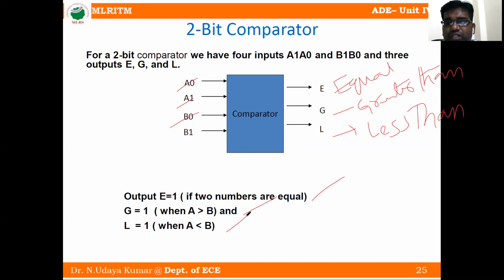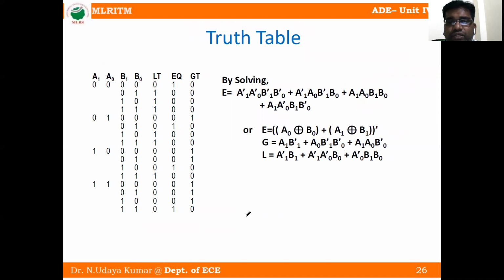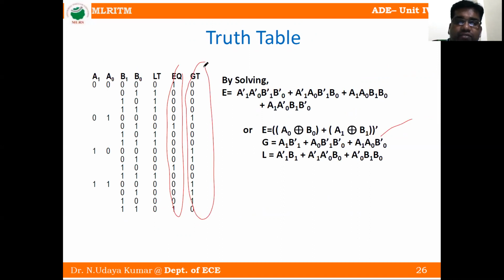So it is similar to the one-bit comparator. Okay. So, what is the next step? We have to write the truth table. So this is the truth table. From this truth table, we have to find the equal. For equal, we will get this one, and for greater than we have to use the truth table like a 4 variable map.